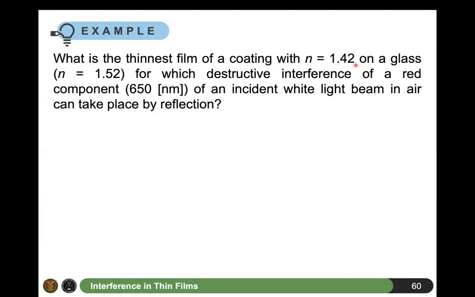So if this is the coating, this is the index of refraction of the thin film. The surface is the glass, so the index of refraction of the glass, the surface, is 1.52. We want destructive interference of the red component, so the wavelength is 650 nanometers.